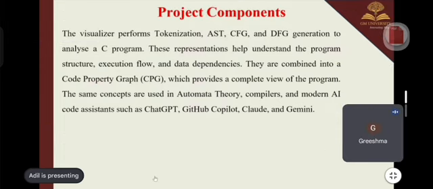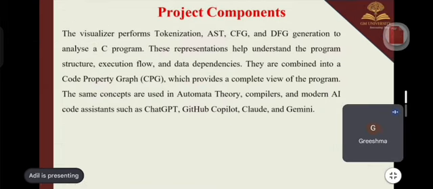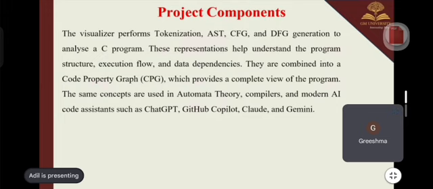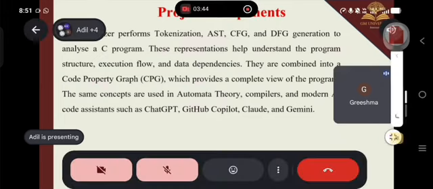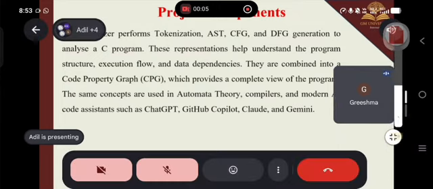Hello everyone, my name is Grishma and my topic is project components. Our project consists of five major components. The first component is tokenization, also known as lexical analysis.